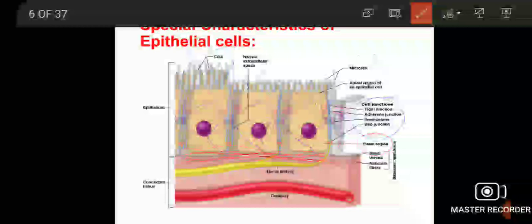So this one is the apical pole, this is the lateral pole, this is the basal region, and this is the underlying connective tissue. As I have told you earlier, the epithelium itself is avascular. The epithelial cells get their nutrition from these vessels which are present in the underlying connective tissue.